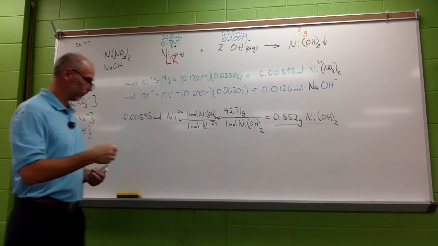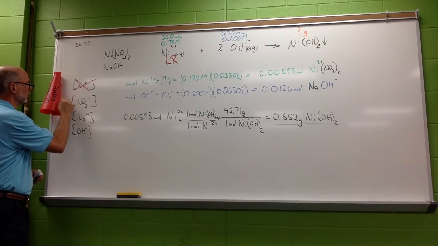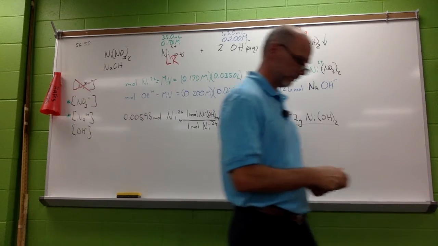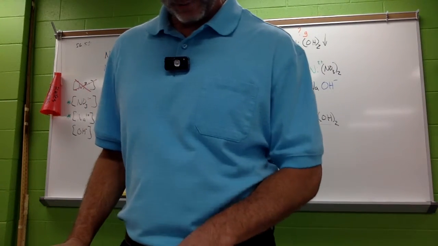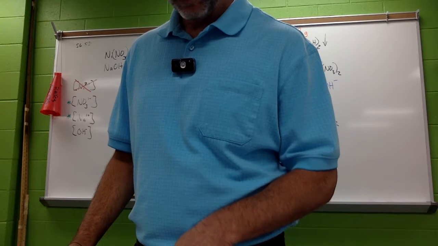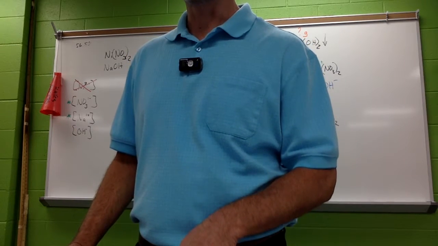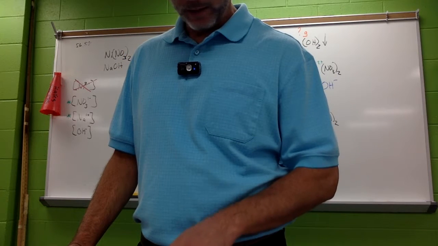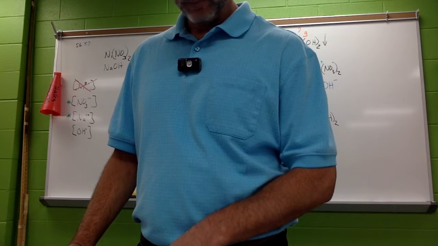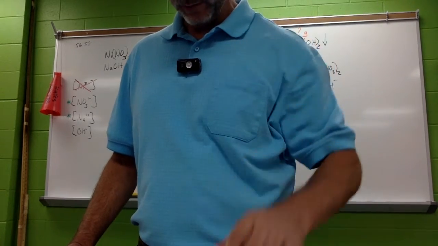What are the spectator ions? Anyone done yet? Give me the concentration of sodium. 0.129 molar. Yep. Molar is how you would say that, just like your tooth. Okay. Nitrate. 0.121 molar. And hydroxide. 0.00714 molar. There we go.